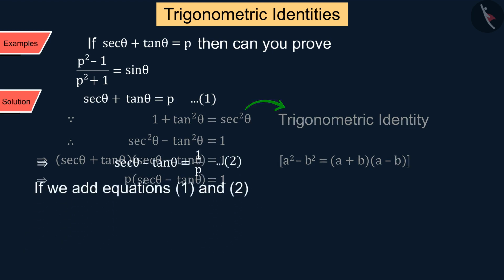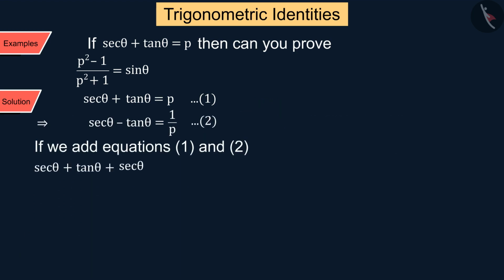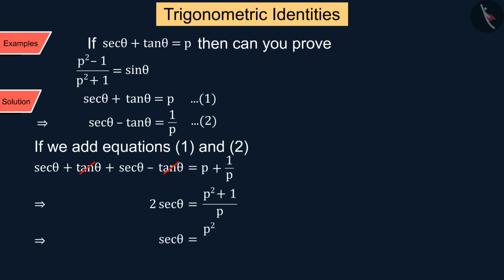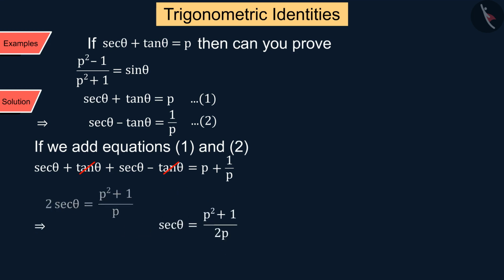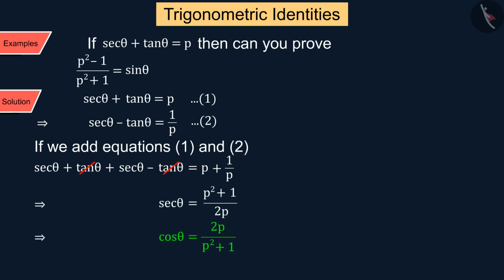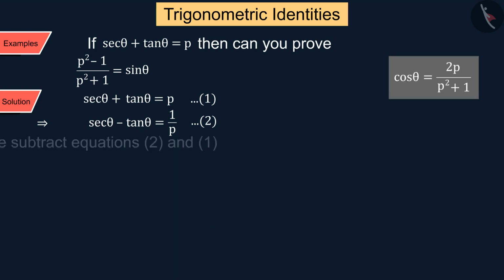Now, if we add equations 1 and 2, we get sec theta is equal to P square plus 1 upon 2P, which we can also write in this way, since we know that cos theta equals 1 upon sec theta.